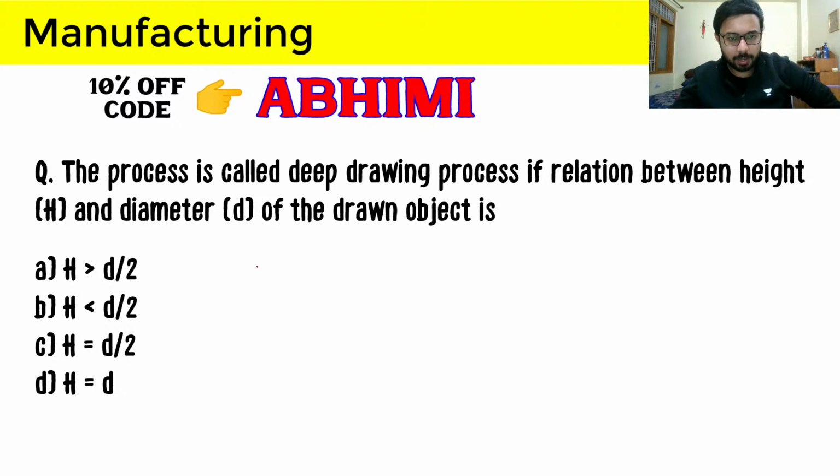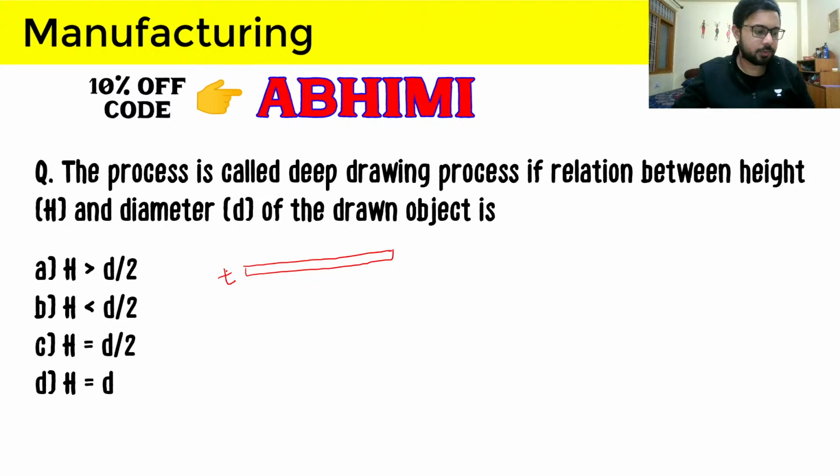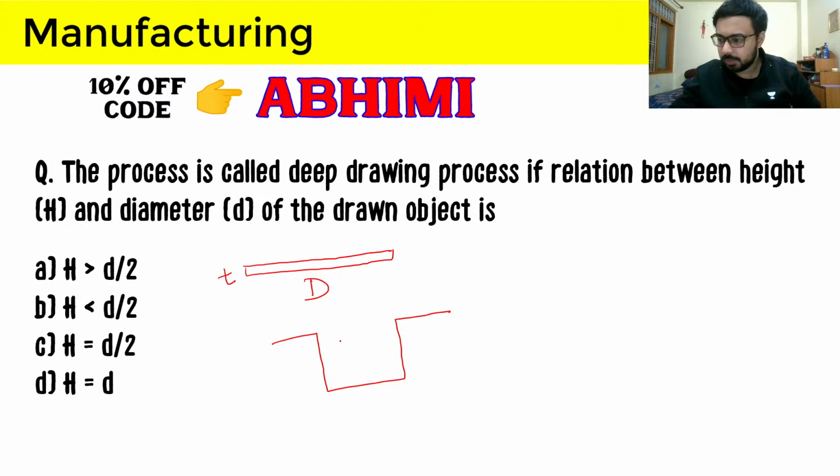So in deep drawing, what happens is that we have a blank with us, and this blank has a thickness t, which remains the same throughout the process, and the diameter of the blank is D. We just change the shape of this blank after applying the forces, and the process is deep drawing, and the cup made is like this.